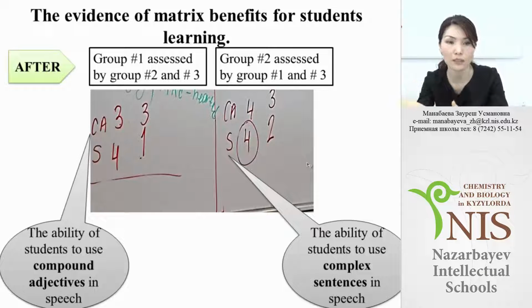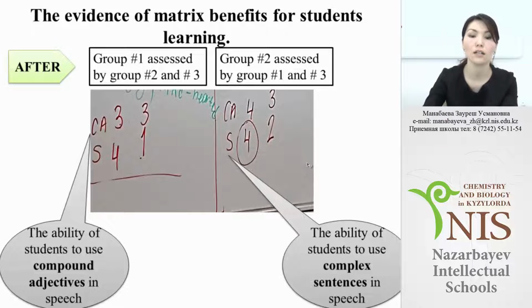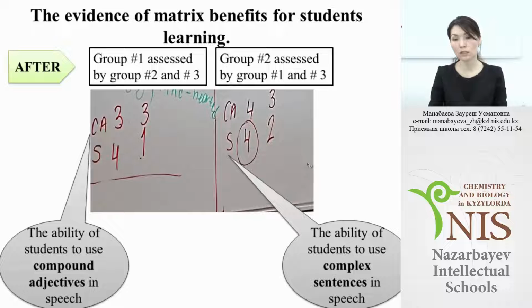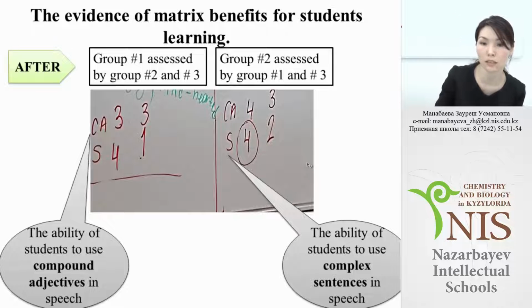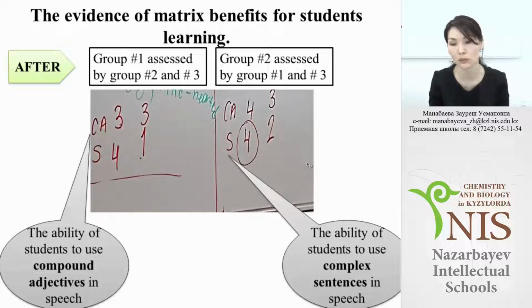I think it's because I was very specific in supporting students with the sample sentences. By looking at the sample sentences, it was much easier for the students to assess their peers. And here in group number 2, of course, the total is better than group number 1, but it still has 2 points.